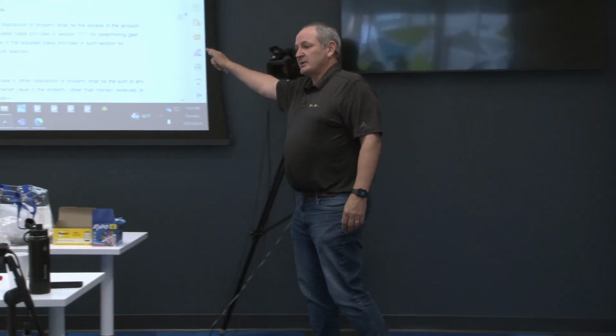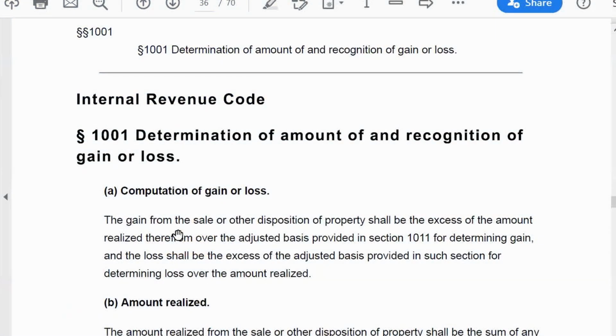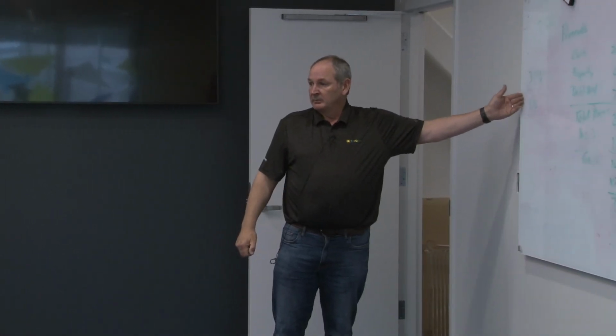What these code sections say is when a corporation has an asset and distributes that asset, it's deemed to sell that asset at fair market value. And for that deemed sale at fair market value, you're under the rules of 1001 to calculate that gain. So 1001 is inherent in the procedure under 311(b) and 336.